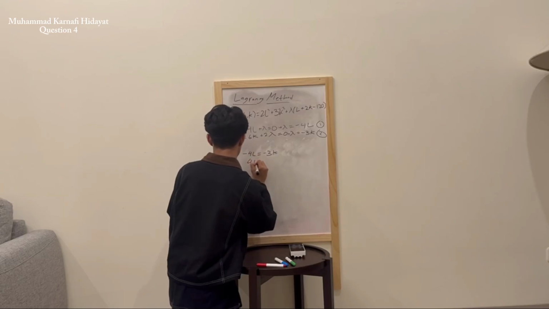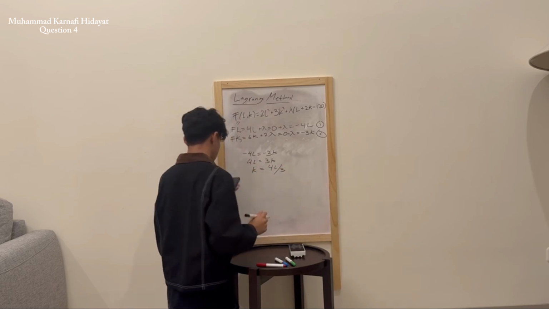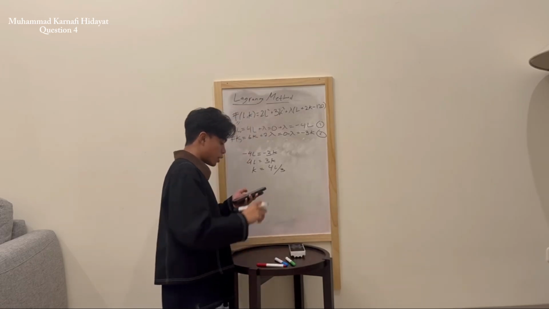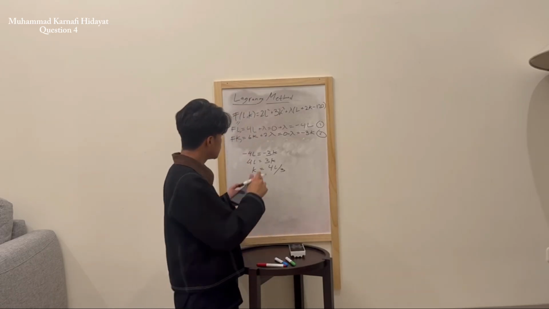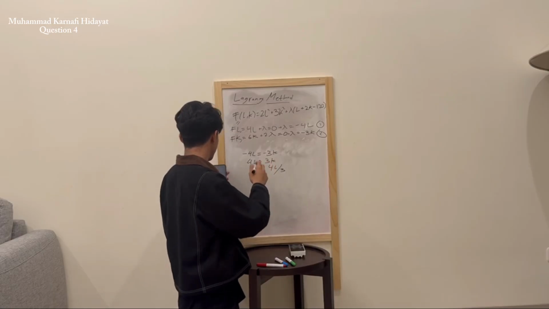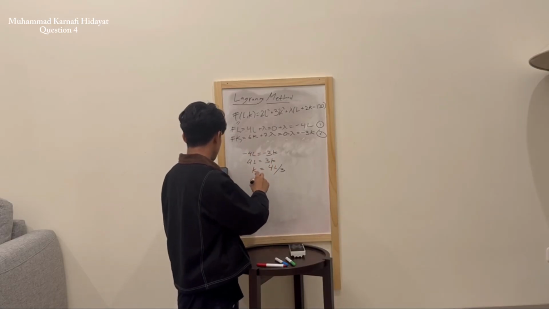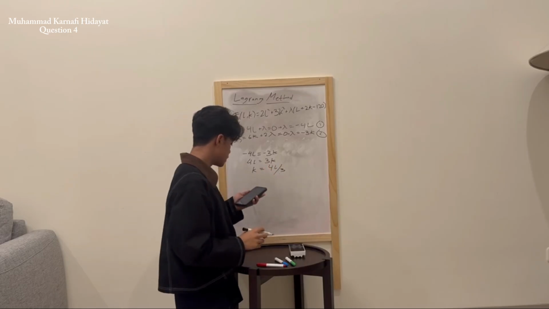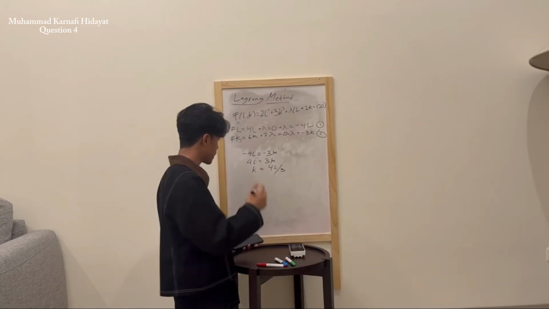So 4L is equal to 3K. Simplifying this gives K equal to 4L over 3. This is the optimal ratio between capital and labor.